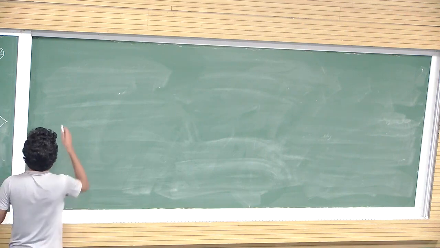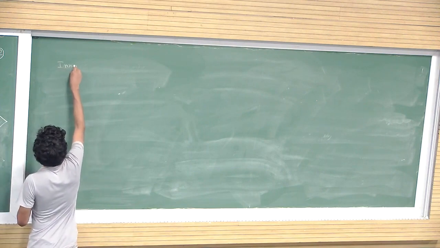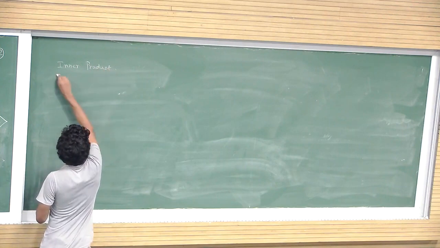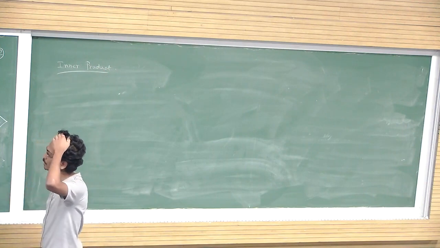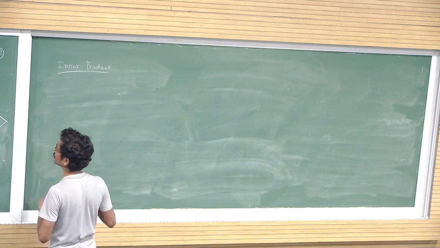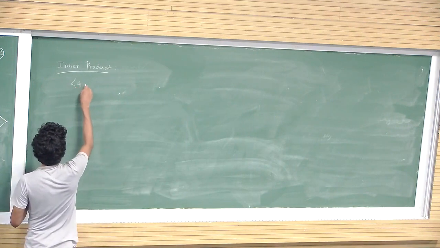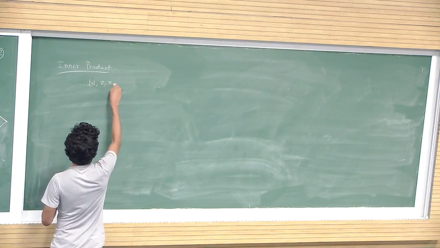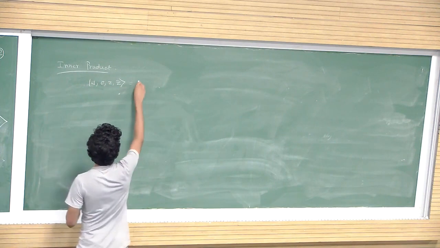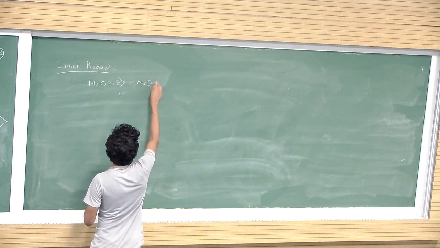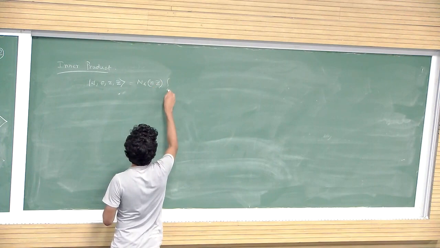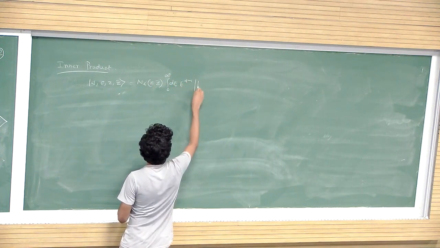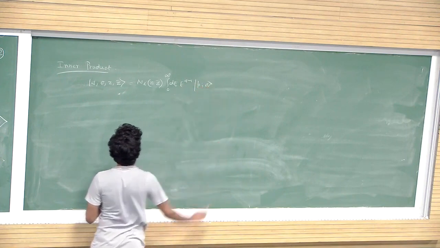Okay, so now I should calculate the inner product. My delta sigma z bar is given by this.